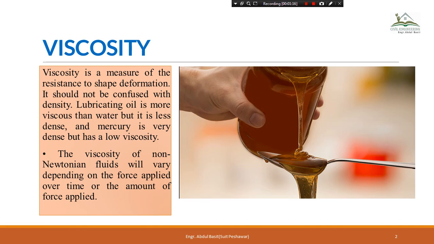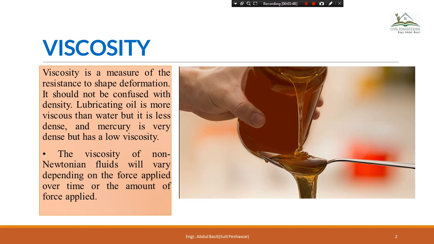For example, if water is poured on the ground, with gravity it tries to flow. The water will flow easily as compared to honey. Why is it so? Because honey has more viscosity and water has less viscosity. In other words, honey offers more resistance to flow as compared to water.